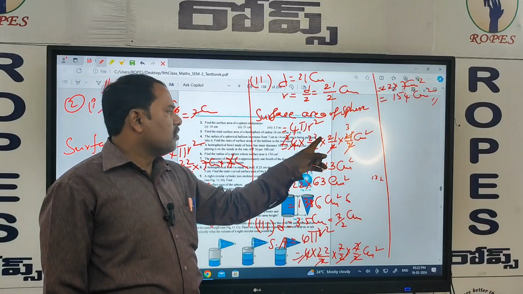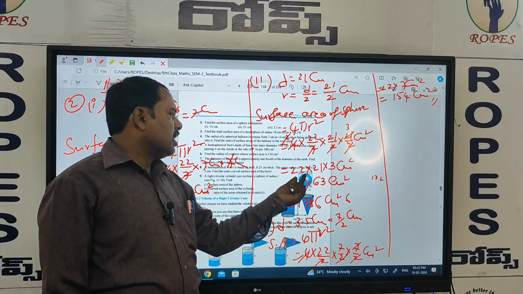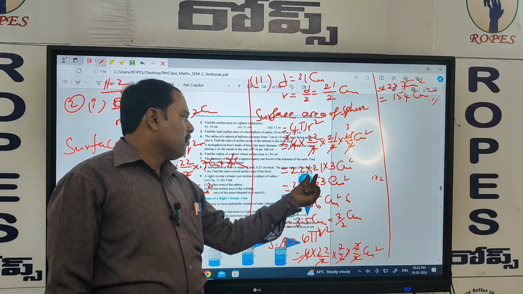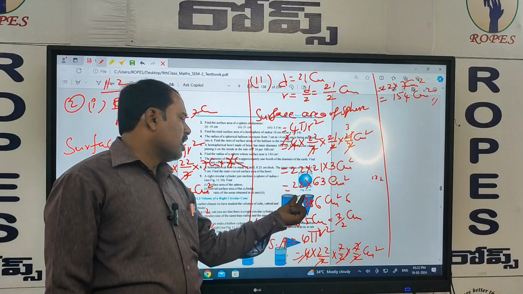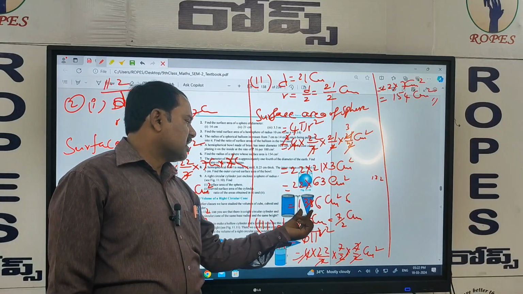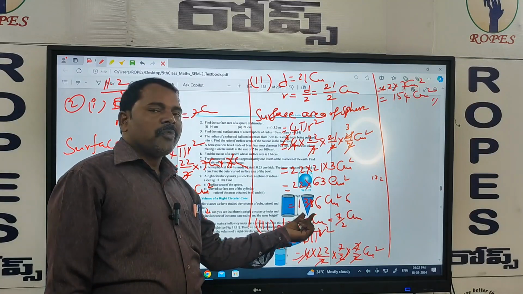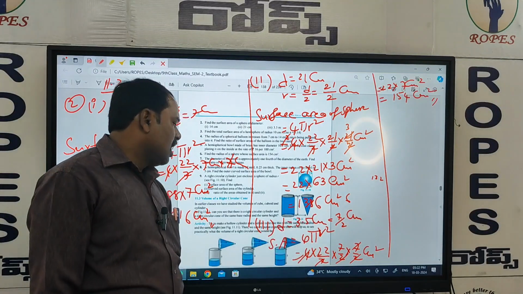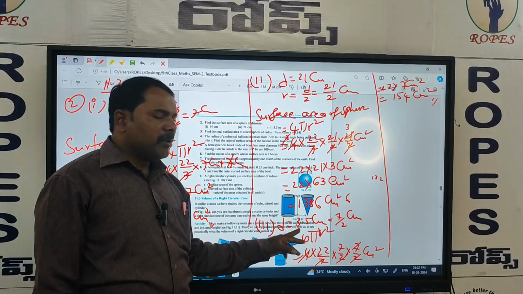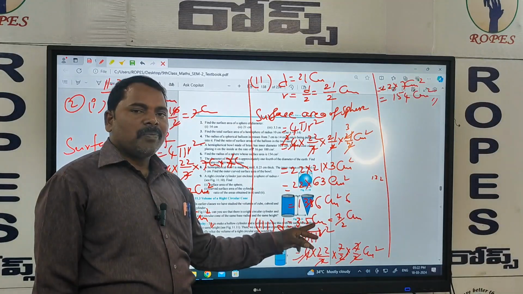Finally we got 22 into 21 into 3. 21 3s are 63, then into 22. So finally 22 into 63, we got 1386 centimeters squared.